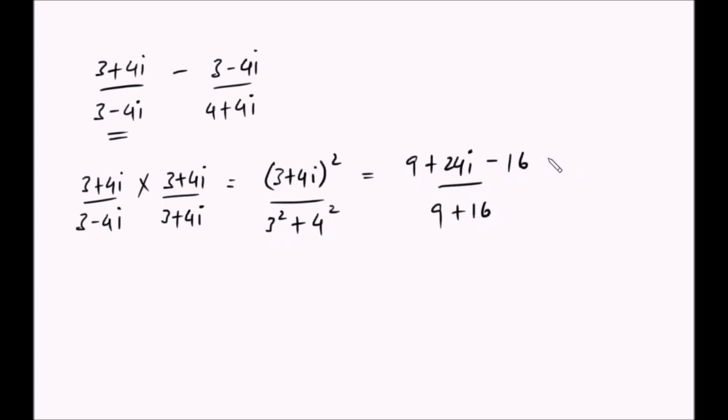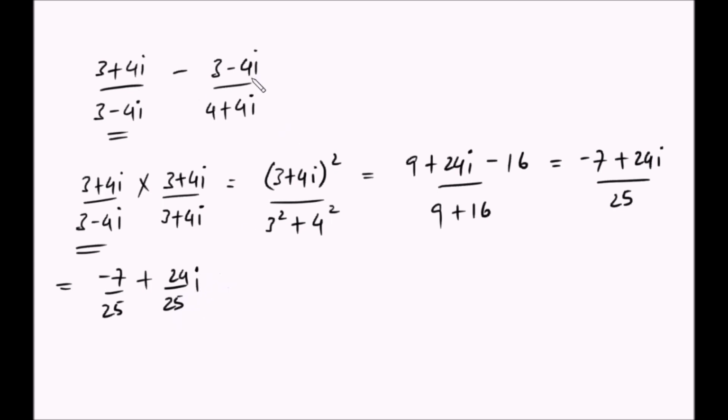So 9 minus 16 is negative 7 plus 24i, while 9 plus 16 is equal to 25. So this first part is equal to negative 7 over 25 plus 24 over 25 i.